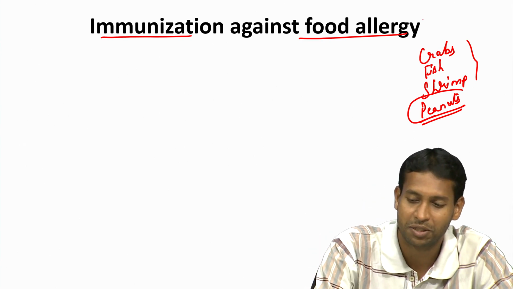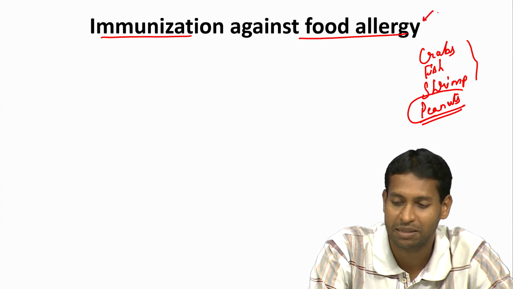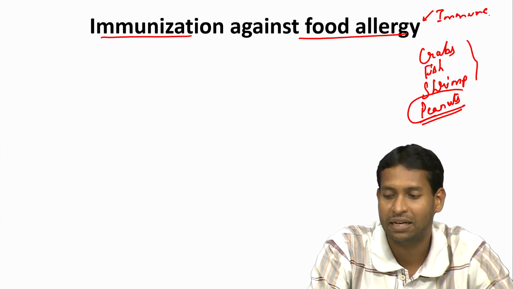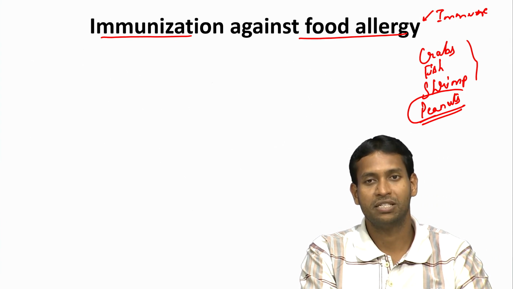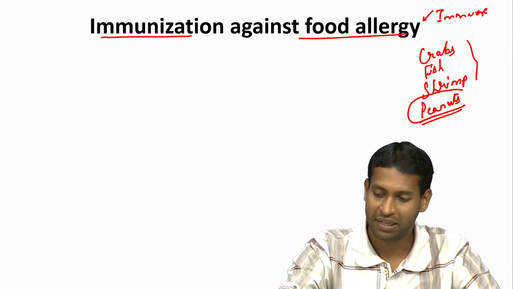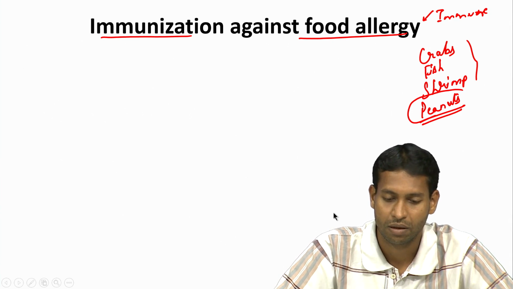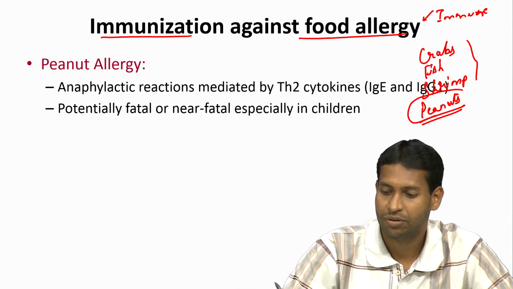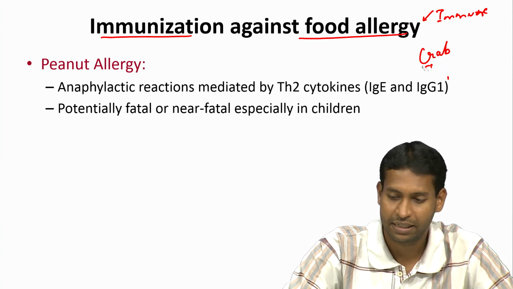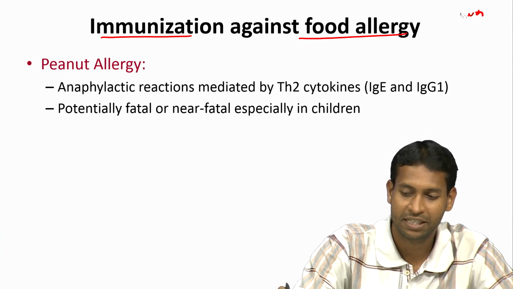Obviously, since it is allergies, it is some response of the immune system. So, can we then train our immune system to not cause allergies when we ingest these food materials? As I said, we will focus on peanut allergies for this example.